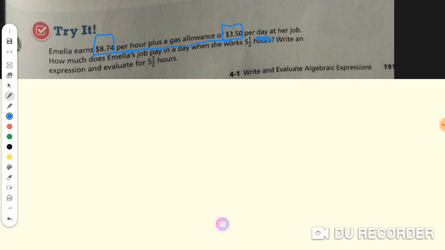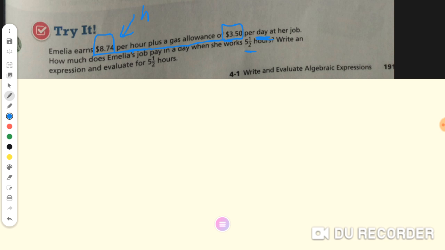In one day she takes 3.5 for gas, and in 1 hour she takes 8.74. How much does Amelia's job pay in a day if she works 5.5 hours? If she works 5.5 hours, or 5 hours, or 4 hours, the number of hours here is variable.